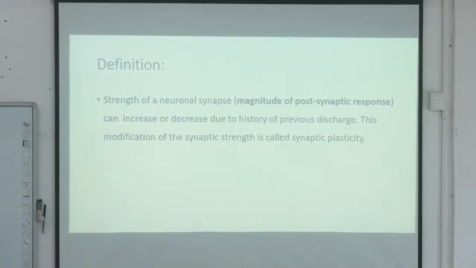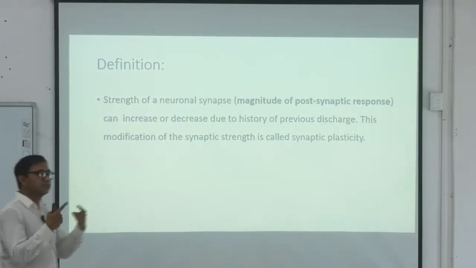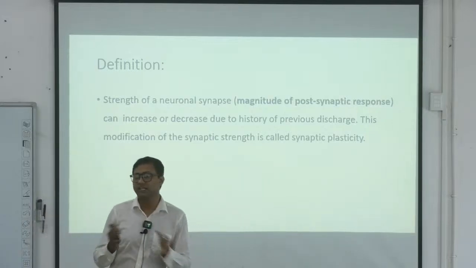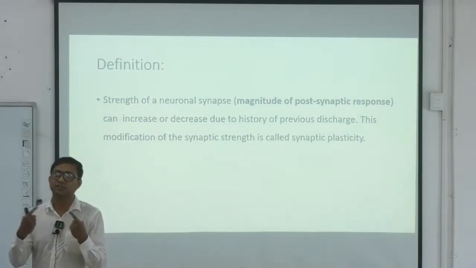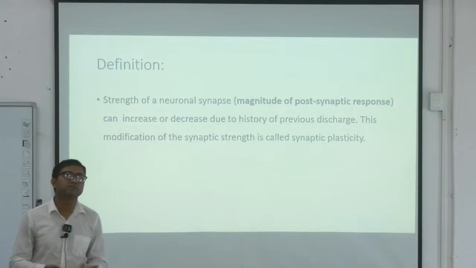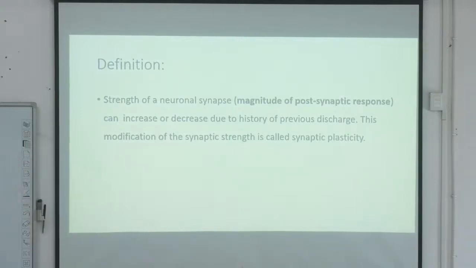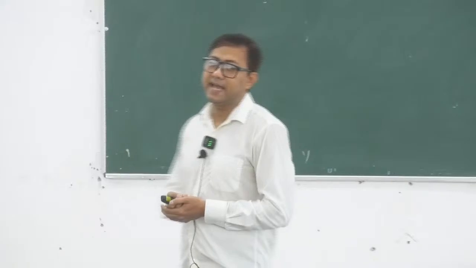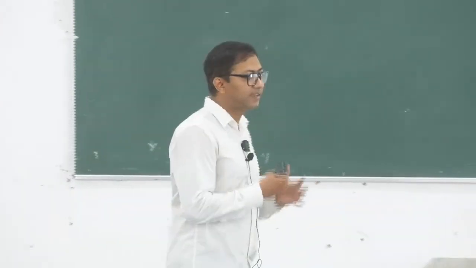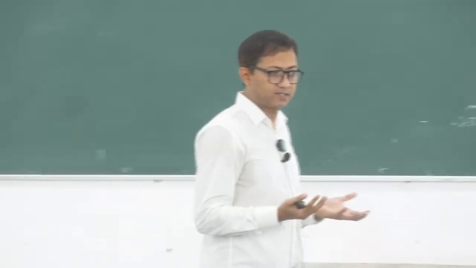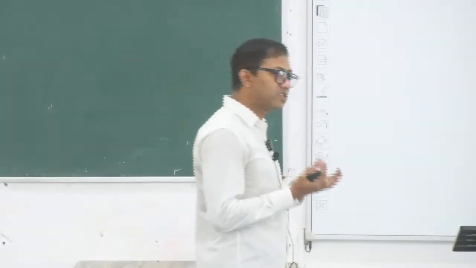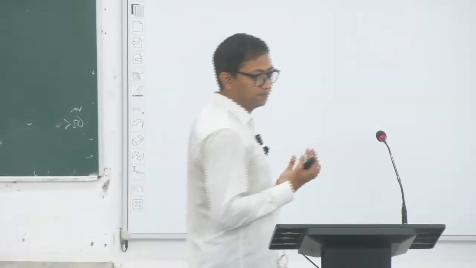Synaptic plasticity, okay. Think very simply: the junction between two neurons is called a synapse, and this synapse has a particular strength. The strength of the synapse can be modified depending on the history of previous discharge.